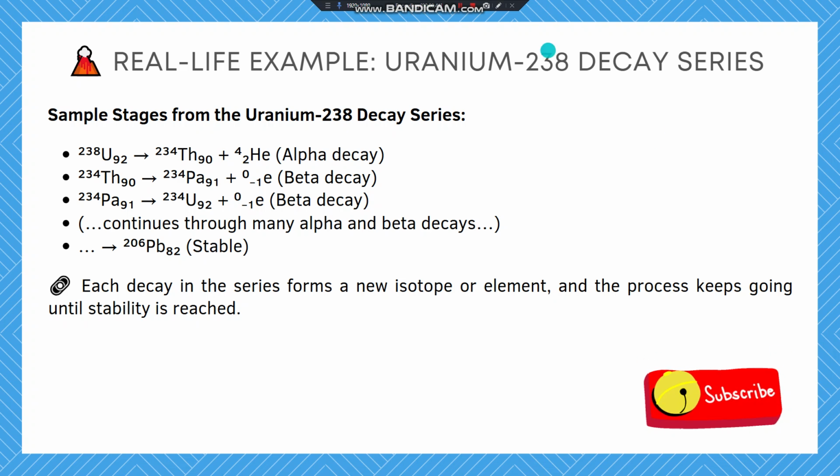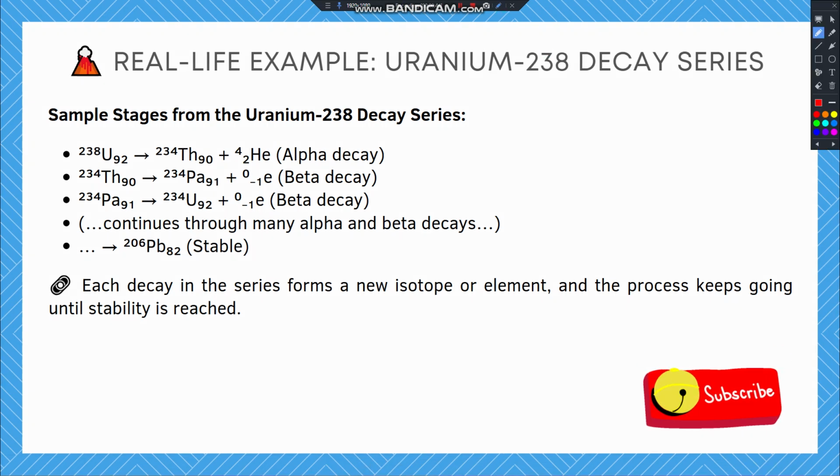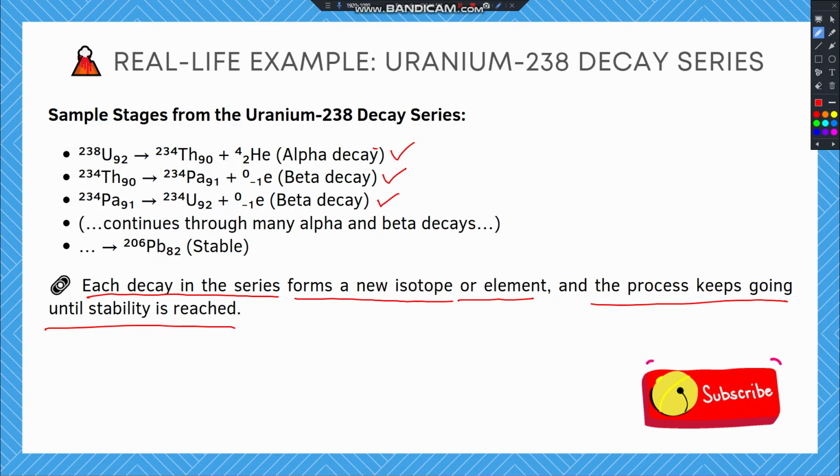Alright, so now that we have seen what the decay series pertaining to uranium stands for, here are some sample stages in that decay series. It undergoes alpha decays, it undergoes beta decays, a series of many alpha and beta decays. Each decay in the series forms a new isotope or element, and the process keeps going on until stability is reached.